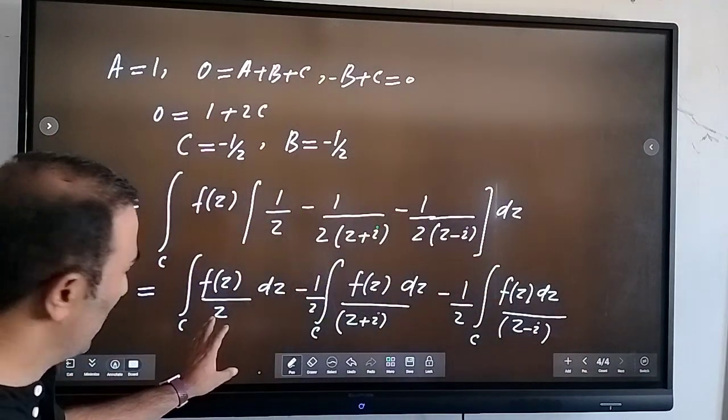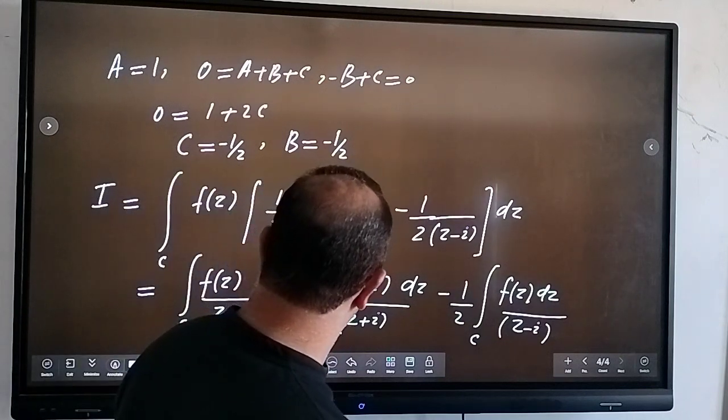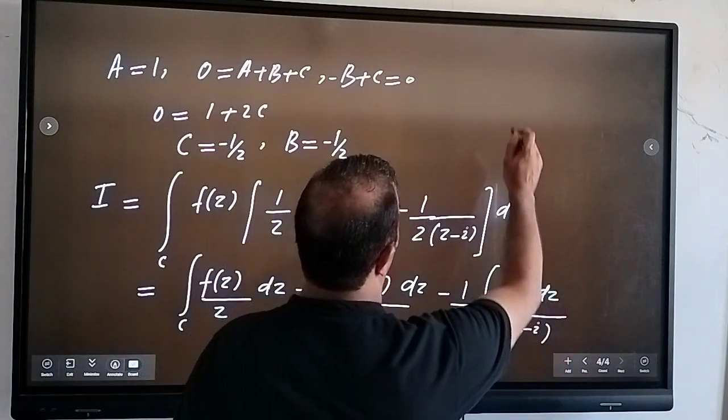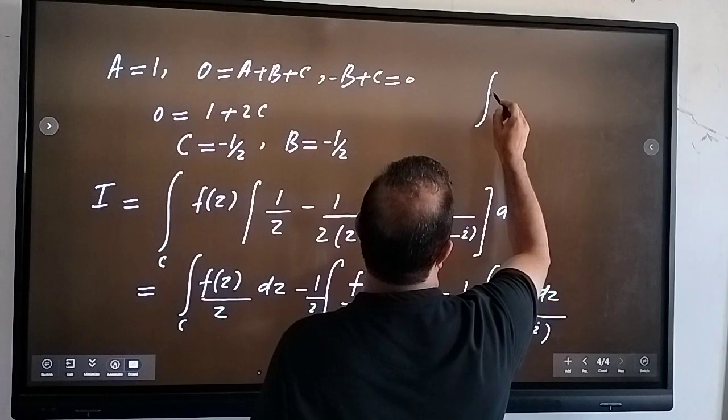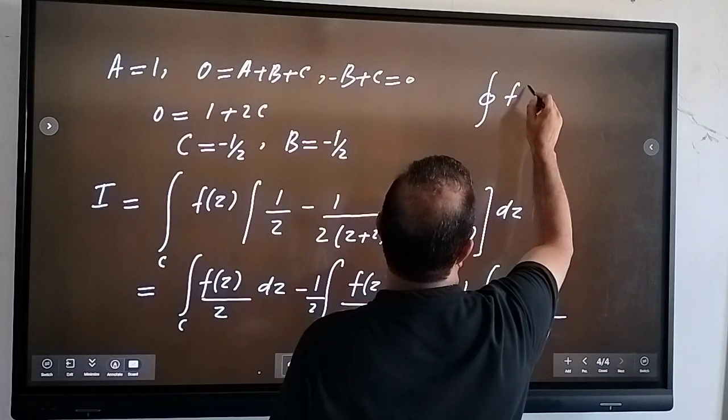So what would be this value? So you just remember that. If we have the integral for a closed loop, that's f of z.